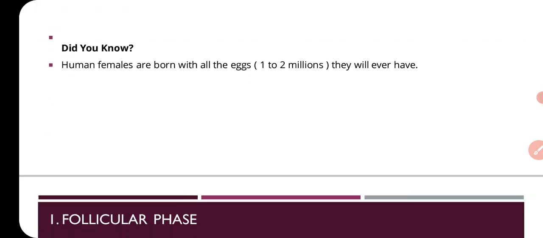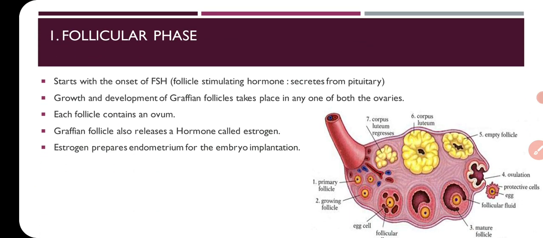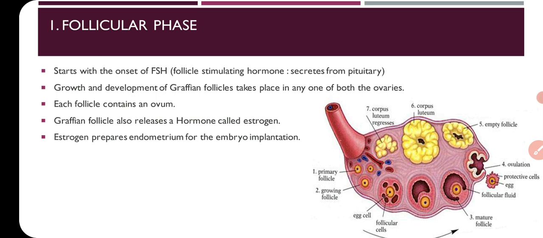So first of all we'll talk about the follicular phase, the first phase of the reproductive cycle, and it starts with the onset of follicle stimulating hormone. This hormone is secreted from the pituitary gland of the female body.